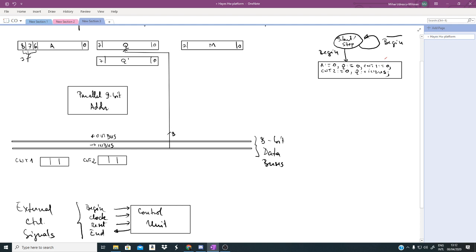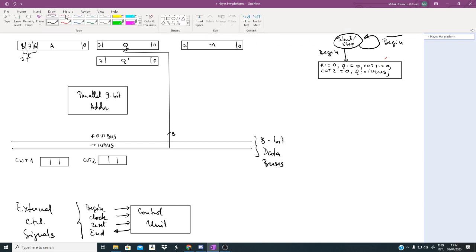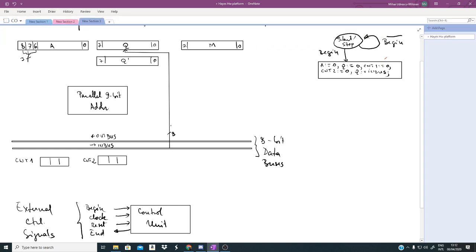So with C0, we dictate the loading of Q with data from the in bus. We reset register A, we reset Q prime.